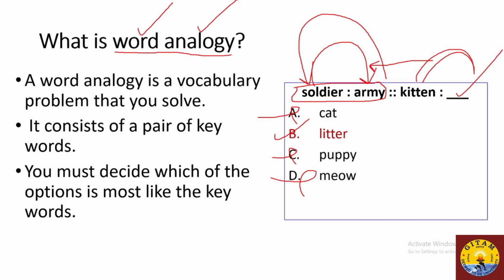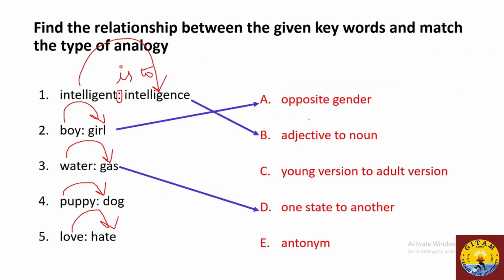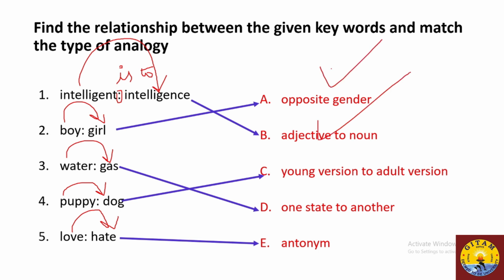How do we establish a connection? We learned here that the establishment can come from these categories: opposite gender analogy, object to noun analogy, young version to adult version, one state to another, antonym analogies. We saw examples here, right?